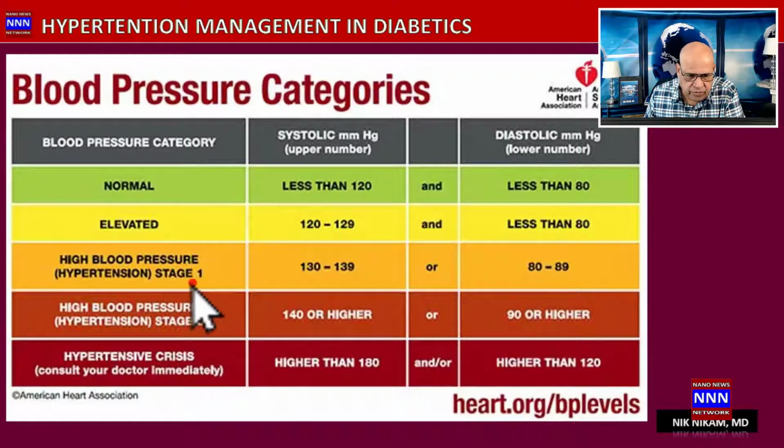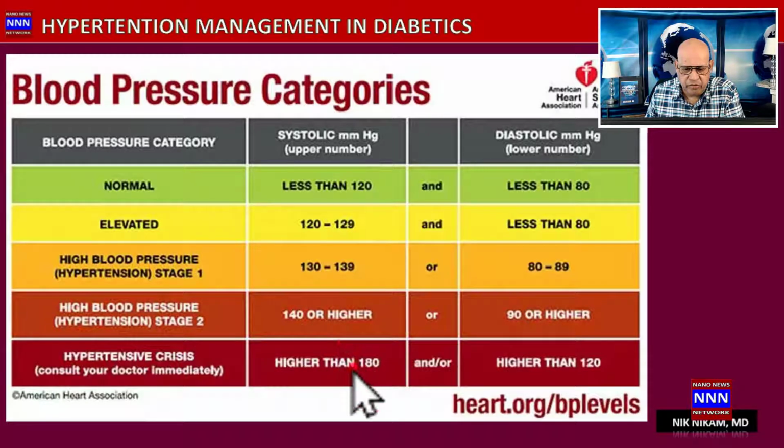And you have stage 1 hypertension if the systolic pressure is 130 to 139 over 80 to 89 millimeters of mercury. Stage 2 is 140 or higher and a diastolic greater than 90 millimeters of mercury, and hypertensive crisis is defined as a systolic pressure greater than 180 with hypertension mediated organ damage.